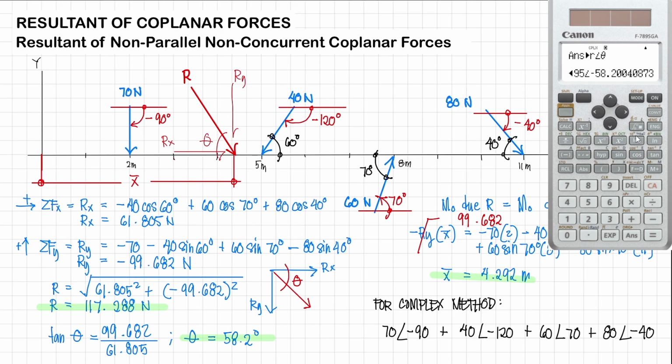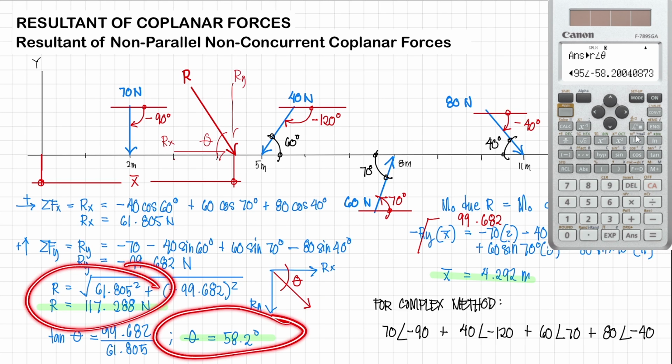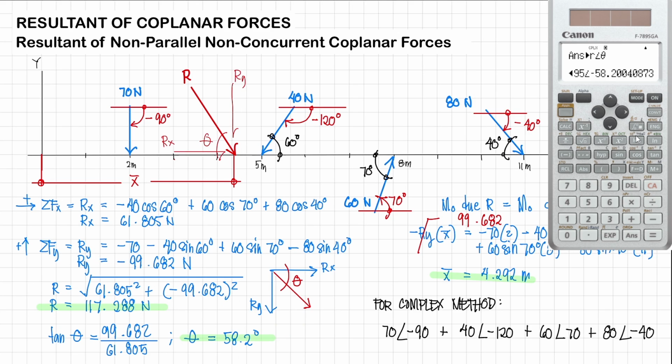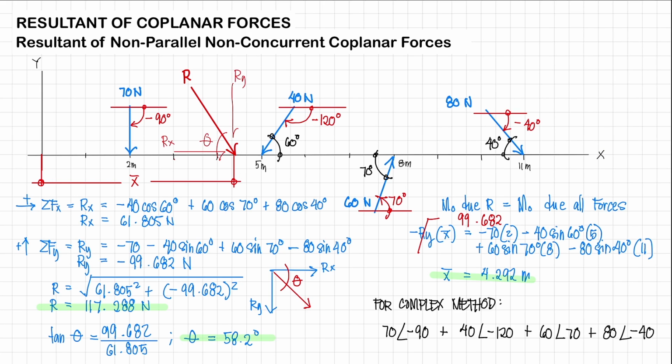It's negative because the way it's measured here is in a clockwise direction from your positive x-axis. All right. So once you get the resultant and its angle of inclination using your calculator techniques, the next thing you're going to do is apply Varignon's theorem to solve for bar x.